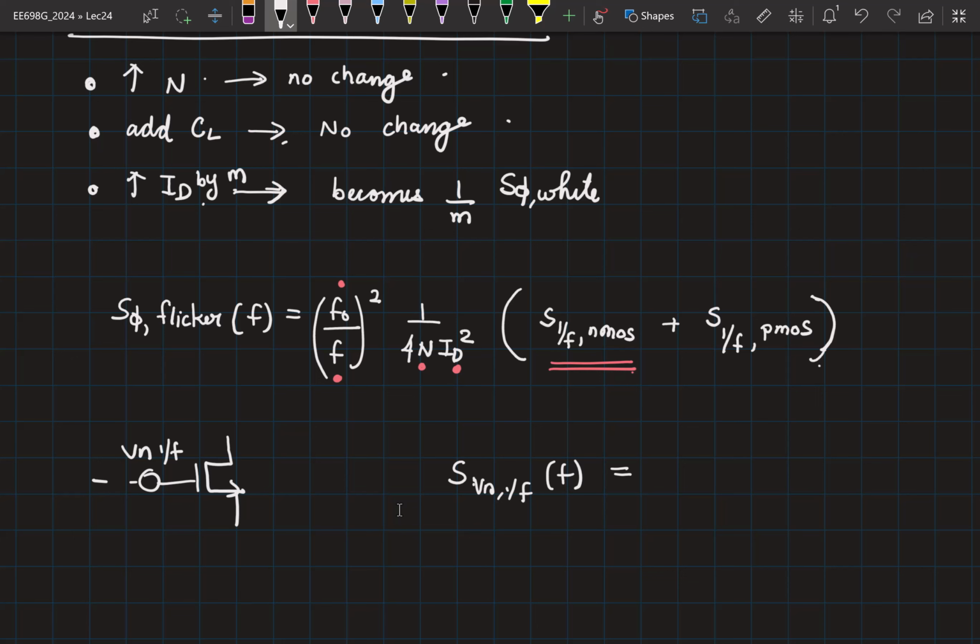Refer to your notes, right? Expression for flicker noise. Constant K on WL. Okay, let me call the constant as K upon W into L.